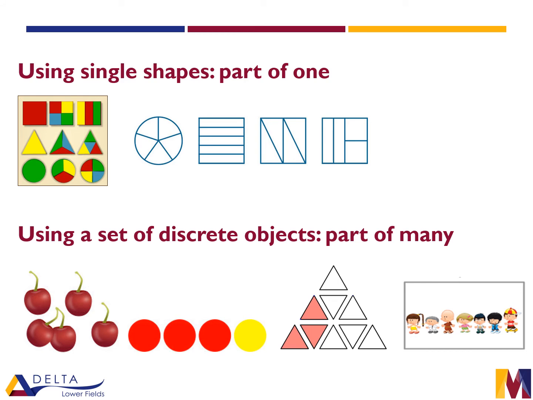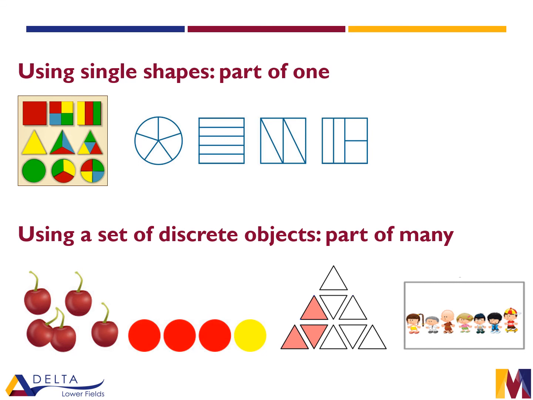So I've got 4 things and I'm going to divide it by 2. For example, identifying half the cherries as the same as dividing the number of cherries by 2 is important. Identifying a third of the cherries is the same as dividing it by 3, etc.